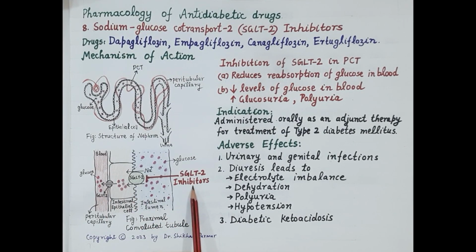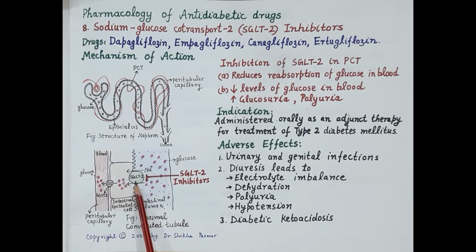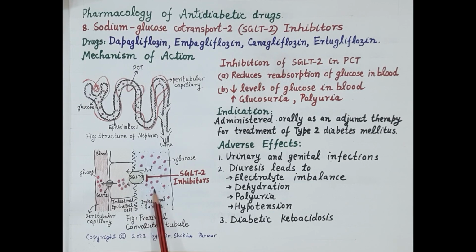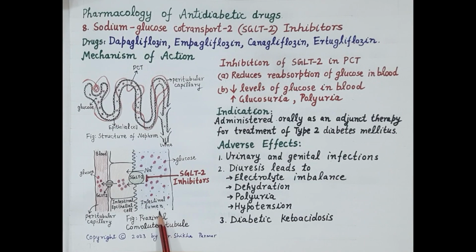Now, SGLT2 inhibitors inhibit sodium glucose cotransport 2, thereby inhibiting reabsorption of this glucose from the filtrate into the blood. So, this glucose is not absorbed in the blood. On the contrary, this glucose is excreted in the urine along with a lot of fluids.